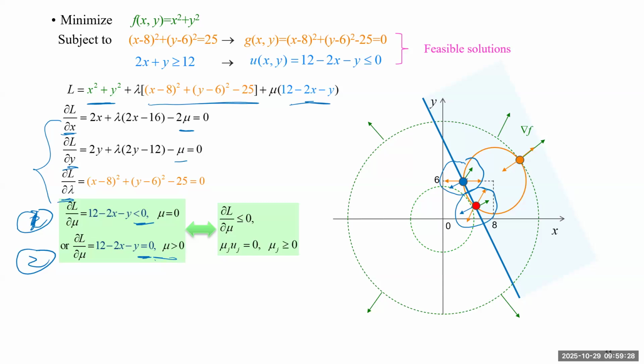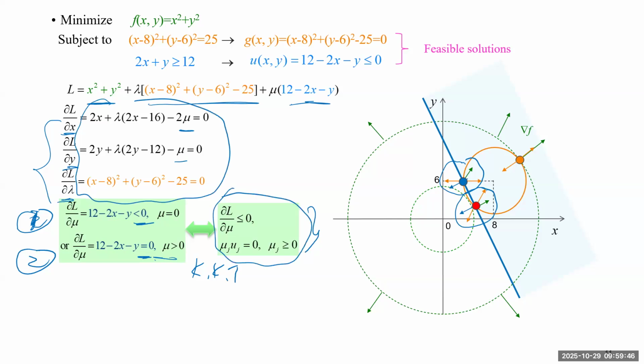So by the KKT condition, that can be translated into those 3 equations or inequalities. So we just need to solve those 3 equations together with those. And together, there are only 3 solutions.